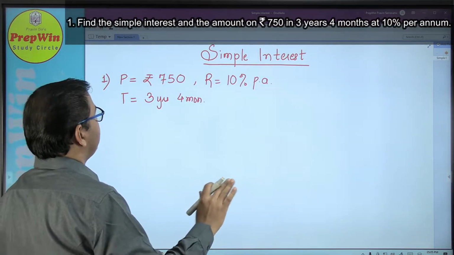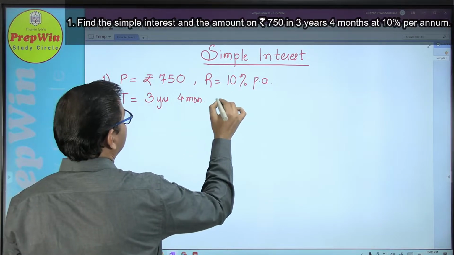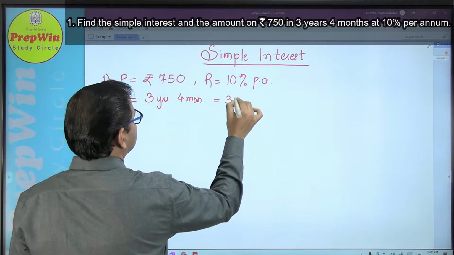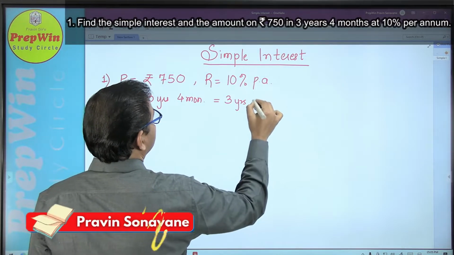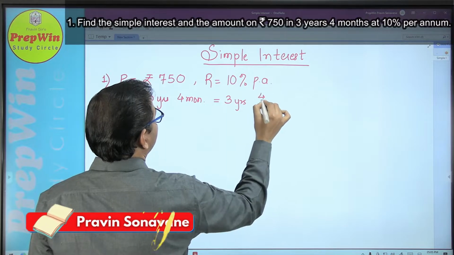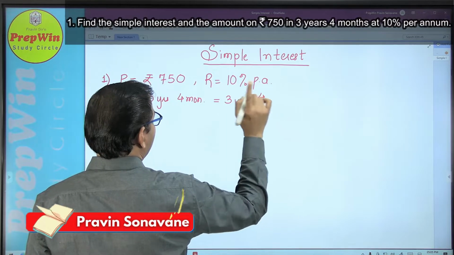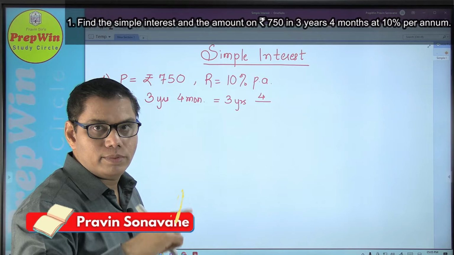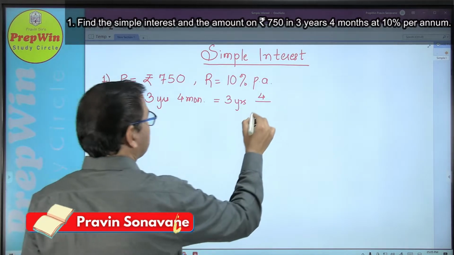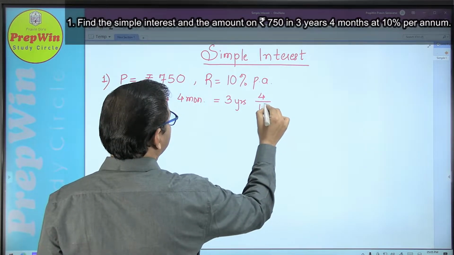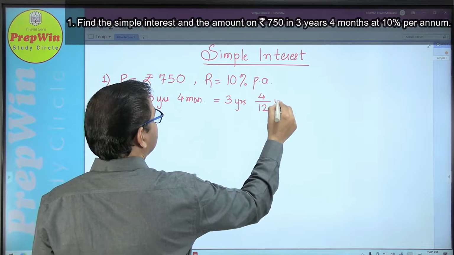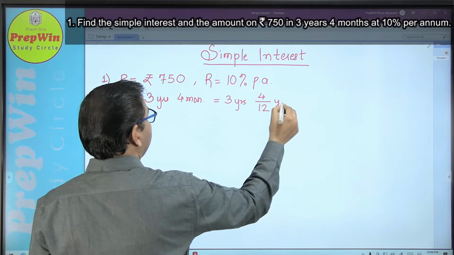Here we want everything in years. Okay, so I'll convert this. This is 3 years and 4 months. If we have to convert month into year, 1 year is 12 months, from January to December, 12 months. So what I'll do is divide this by 12. So 4 months will also be converted into years.